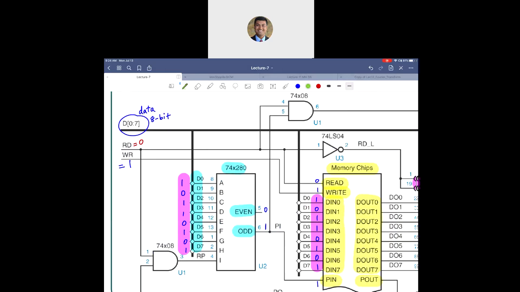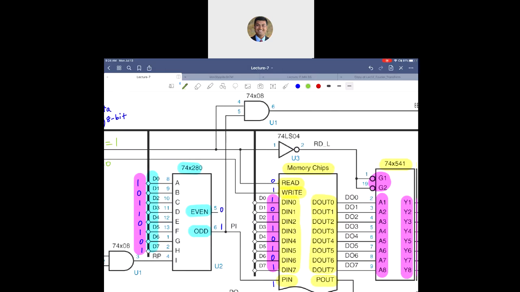Now I want to read them out. When I want to read them out, I would make this guy 1 and I would make this guy 0. If that is 1, read underscore L will be 0, which means that these two guys will be enabled. I'm reading, I'm not writing.